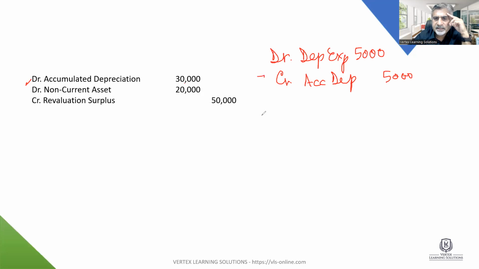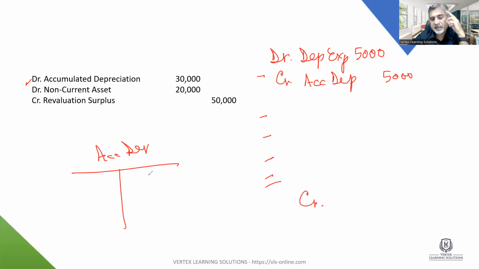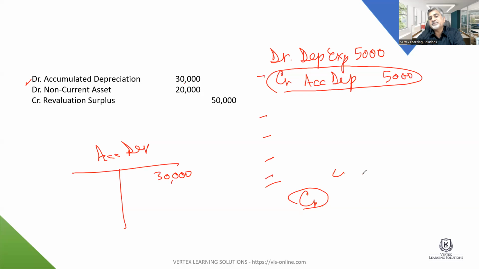And you repeated this double entry for 6 years. And therefore, in your accumulated depreciation T account, 30,000 was there. So you were crediting the accumulated depreciation, and you credited it 6 times.